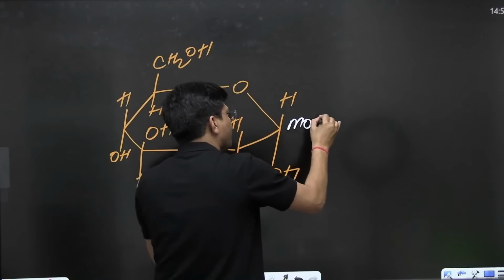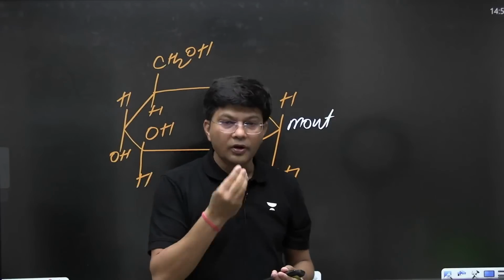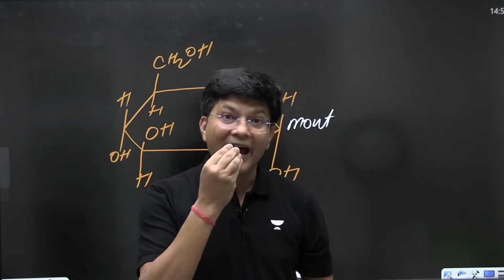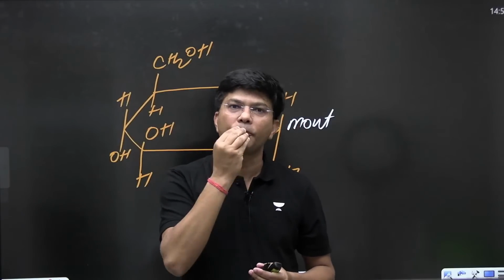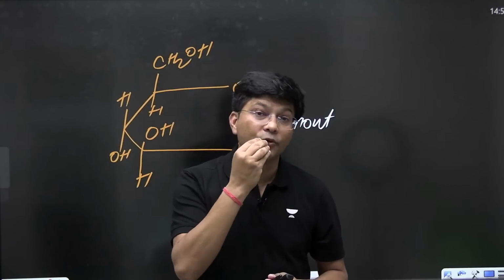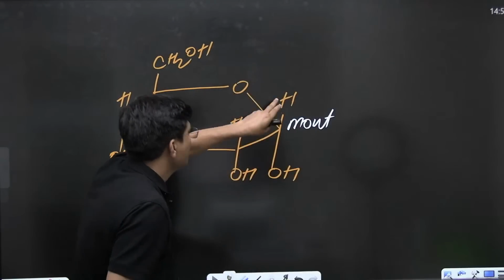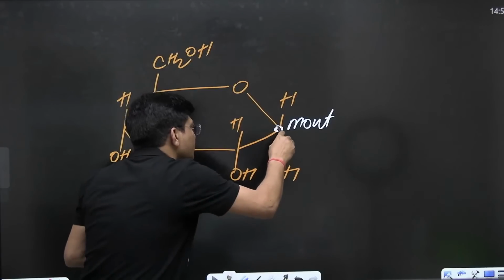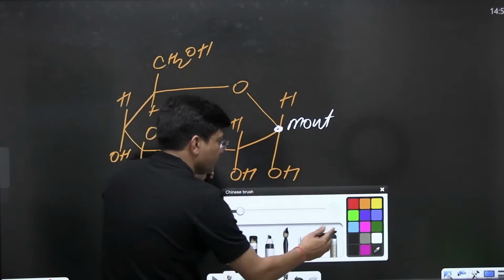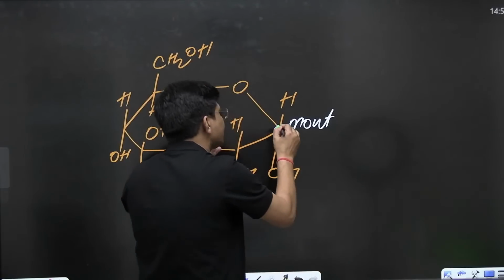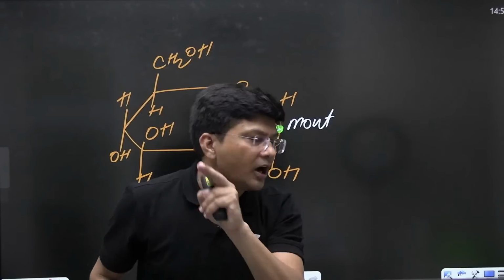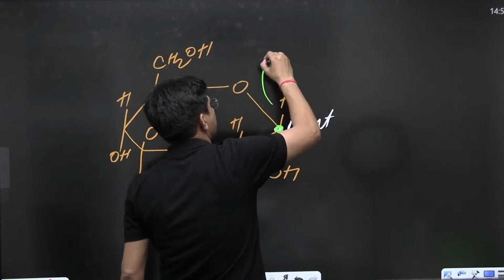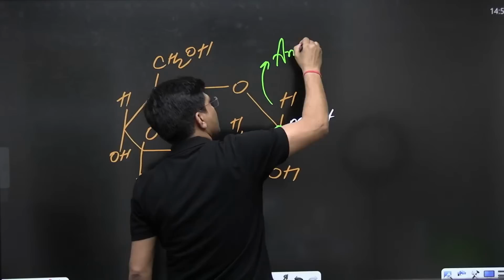Why am I saying this is the mouth? If you are going to eat popcorn, you have to eat it like this, and once the mouth is closed, the popcorn will not be inside the mouth. So this is right now a closed chain. But do remember, the first carbon was the anomeric carbon. Do you remember? The first carbon is the anomeric carbon. This carbon is the anomeric carbon.